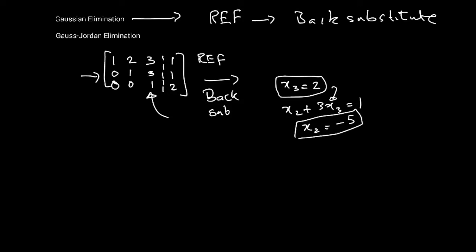Then we go to the first equation: x1 plus 2x2 plus 3x3 is equal to 1. Substitute in these values, and x1 is 1, then 2 times 5 is 10, so plus 10, and 3 times 2 is 6, so minus 6. So x1 is 11 minus 6, which is 5.